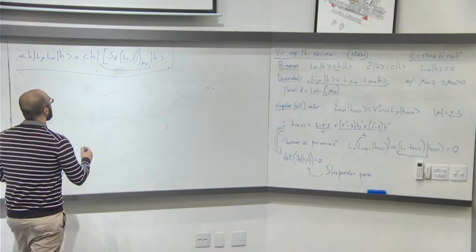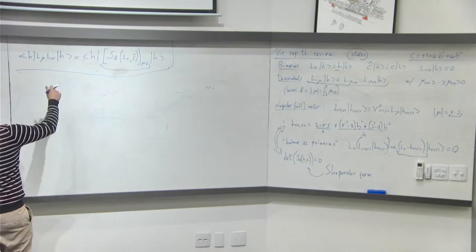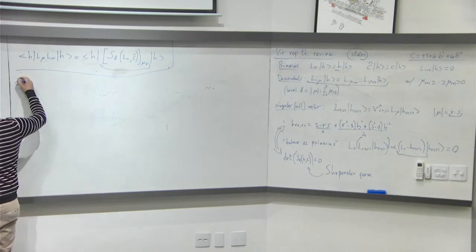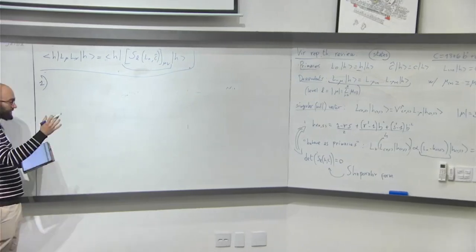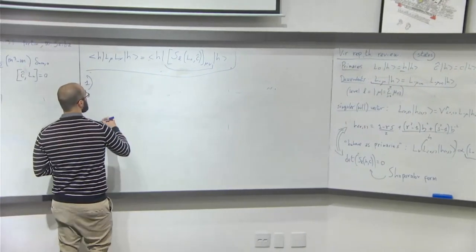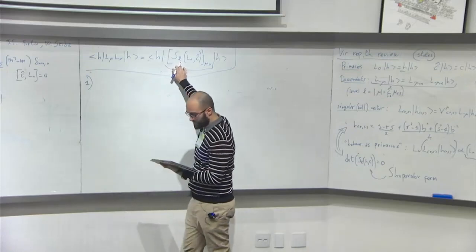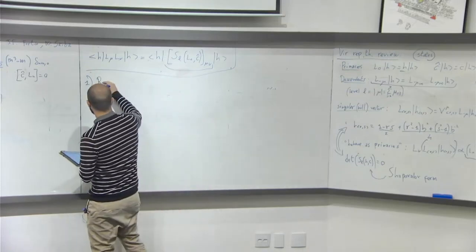Now, why do we care about that? We care about that because the first result, the starting result from which everything else can come after, is defined in terms of the inverse of this object, like the resolution of the identity.